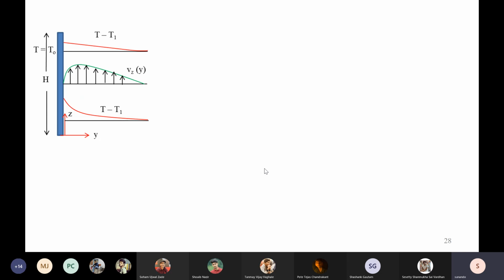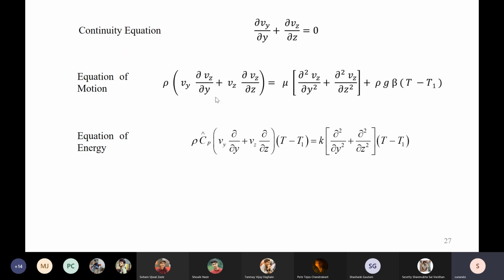So if I look at this, and of course there are a number of boundary conditions which have to be specified to solve this.